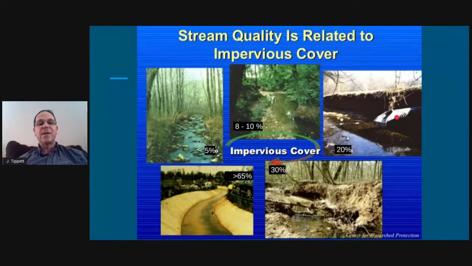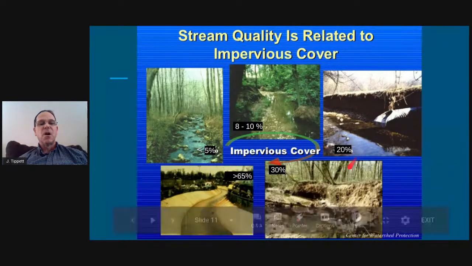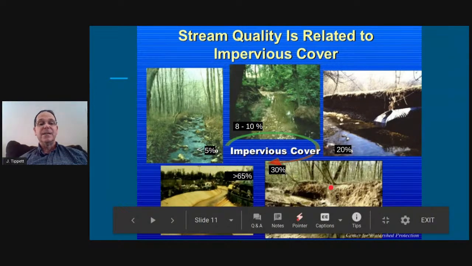Notice the pipe here. The stream bank was at one point located right here, so the beginning of this pipe was at the edge of the stream bank. So the bank has cut back over time. That's at 20% impervious cover. Here's a watershed at 30% impervious cover, and here's a watershed at 65% impervious cover.